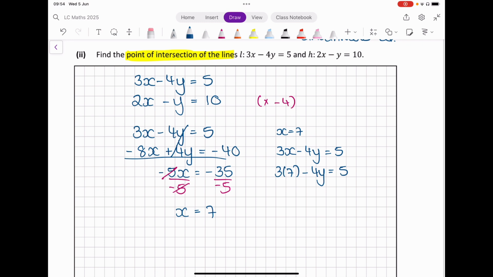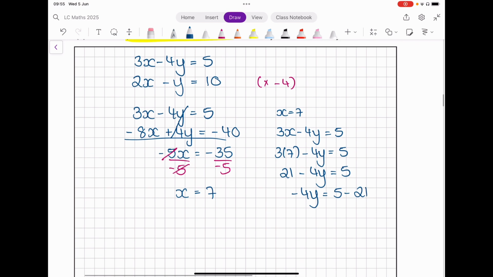So 3 by 7 is 21, minus 4y is equal to 5, minus 4y then is going to be equal to 5 minus 21. So minus 4y is going to be equal to minus 16, and I divide both sides by my minus 4. Minus 4 divided by minus 4 just gives me that y, and minus 16 divided by minus 4 is plus 4.